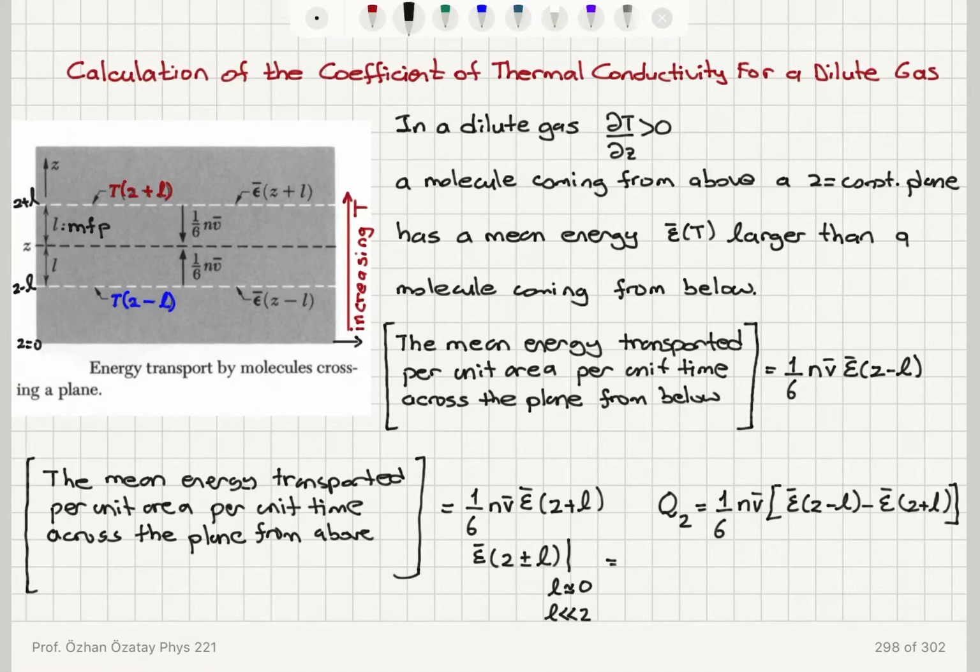So this is basically epsilon bar at z, and then we have the derivative plus or minus del epsilon bar del z times L. Again, this is Taylor expansion.